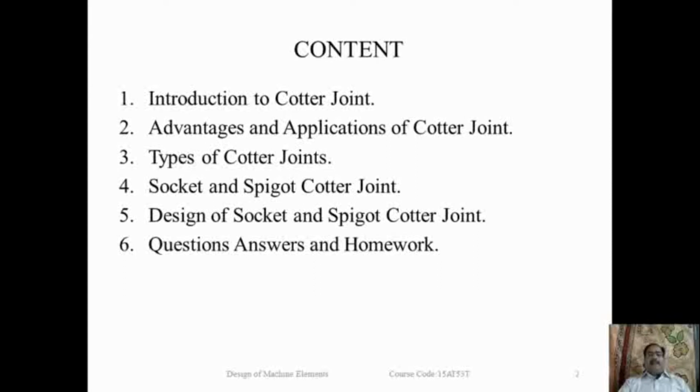And in the sixth one, we have some question answers and homework is there. So what are the questions and what is the homework, we will study and we have to do before the next session. Seventh one is multiple choice questions. So shortly it is known as MCQs. So already you are familiar.